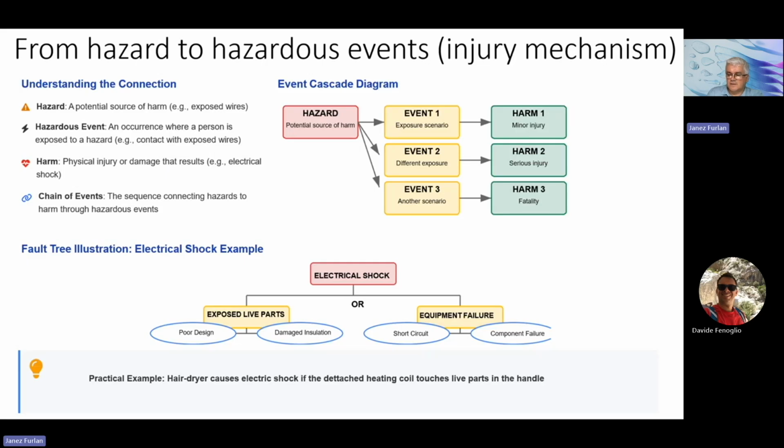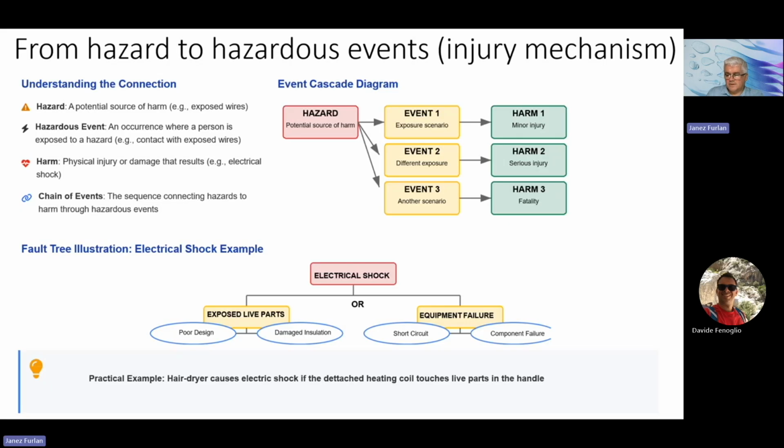So from hazard to hazardous events and the damage, the unfavorable situation. Sometimes this injury mechanism is a chain of events. Sometimes one situation leads into another one, and at the end we have some very unfavorable situation.